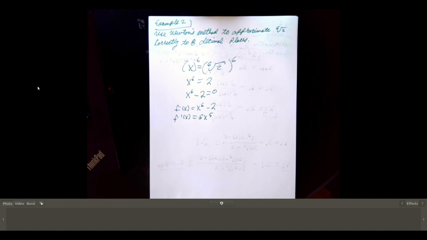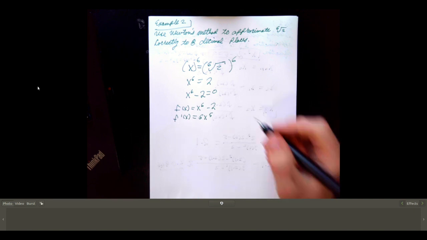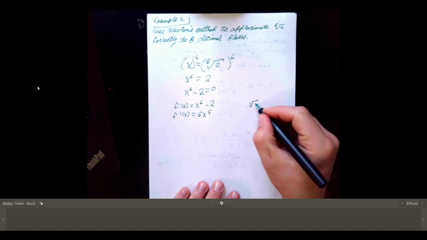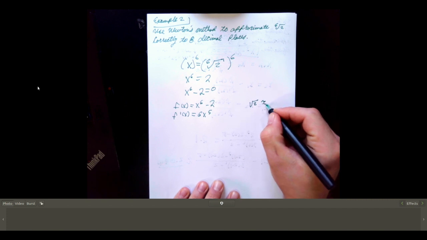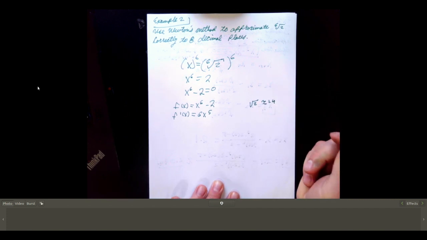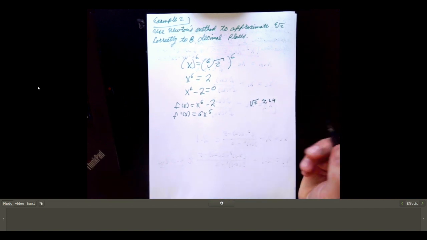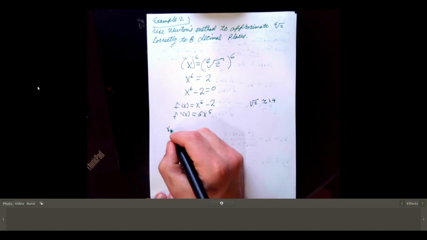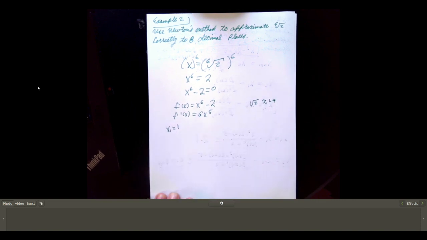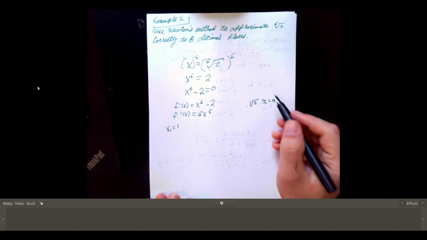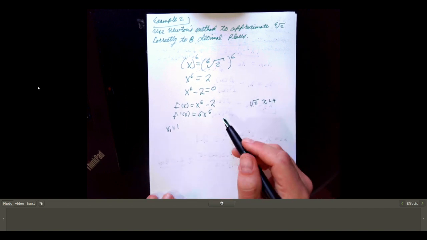So now we need a guess. So the square root of 2 is about 1.4. So I think guessing x1 to be 1 is a fine guess. It's in the ballpark of where I think the root is going to be.